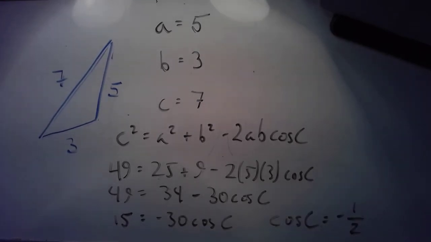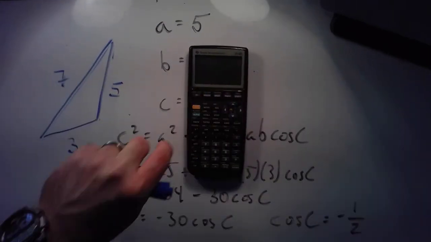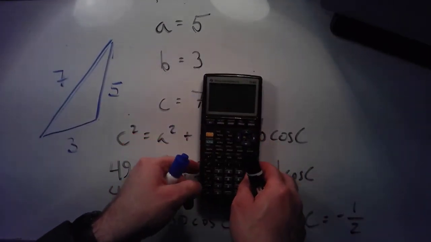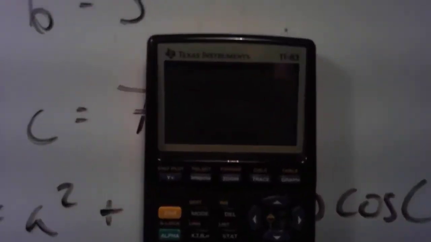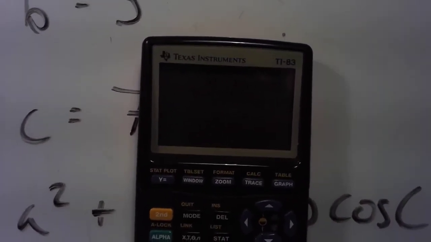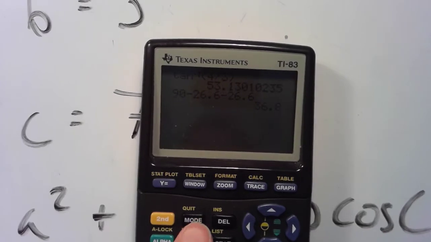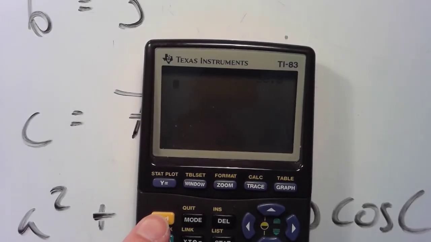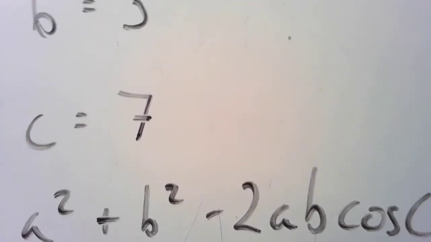So if the cosine of C equals negative 1/2, I just need to ask my calculator what that is. Make sure I'm in degrees mode. Yep. So the arc cosine of negative 0.5, 120. 120 degrees.